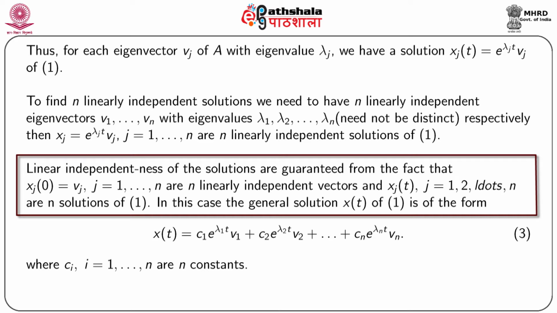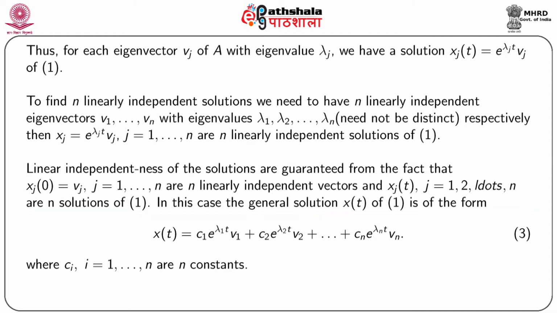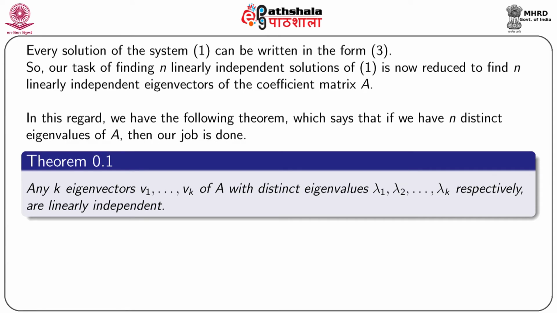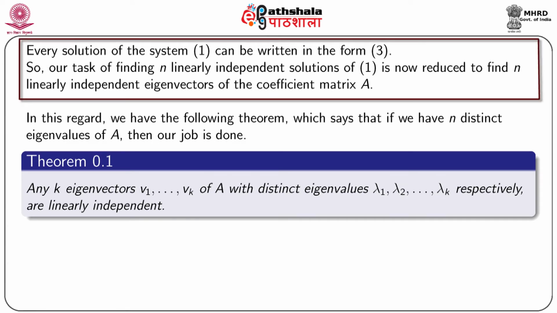In this case, the general solution x(t) of 1 is of the form x(t) = C1 e^(λ1 t) V1 + C2 e^(λ2 t) V2 + ... + Cn e^(λn t) Vn, where Ci, i = 1, 2, ..., n are n constants. Every solution of the system 1 can be written in the form of equation 3.